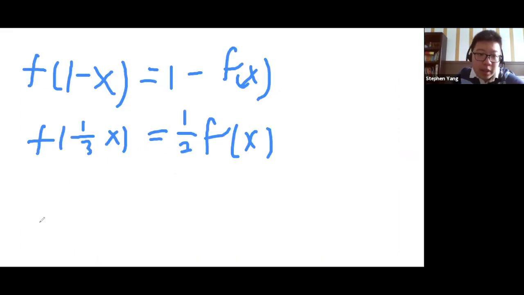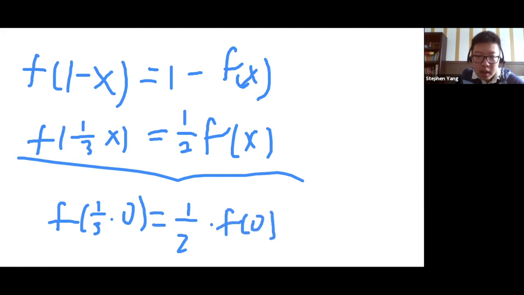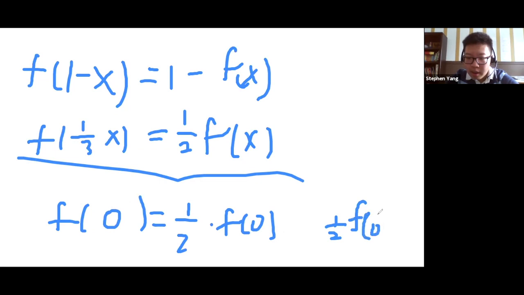So first, we could calculate f0. Using the second rule, f of 1/3 times 0 is equal to 1/2 times f0. Now 1/3 times 0 is 0, which means f0 is equal to 1/2 of f0, which means f0 is equal to 0.